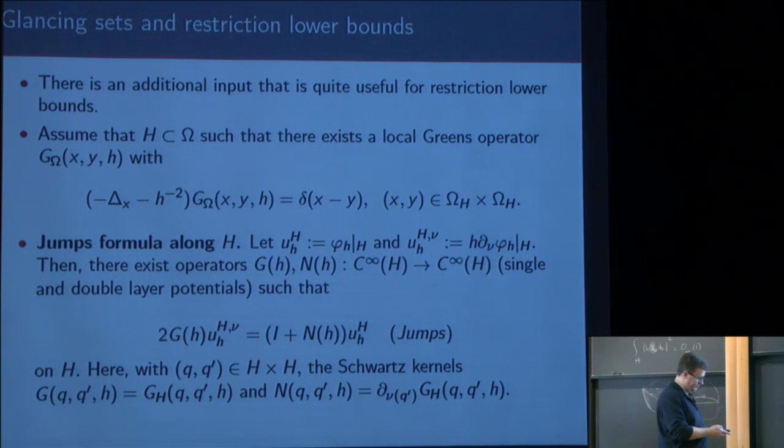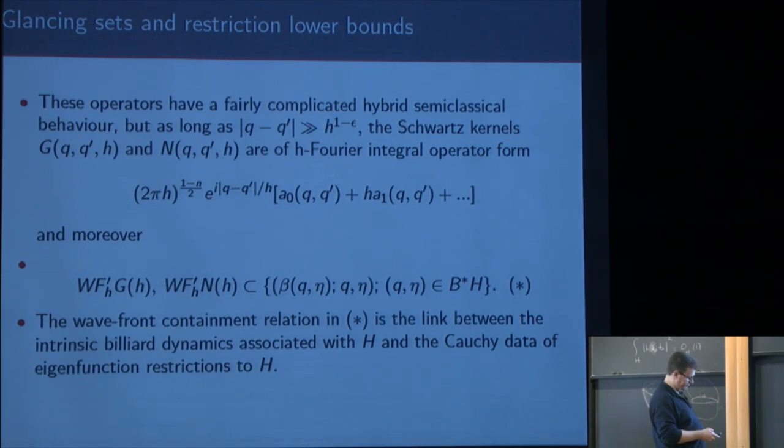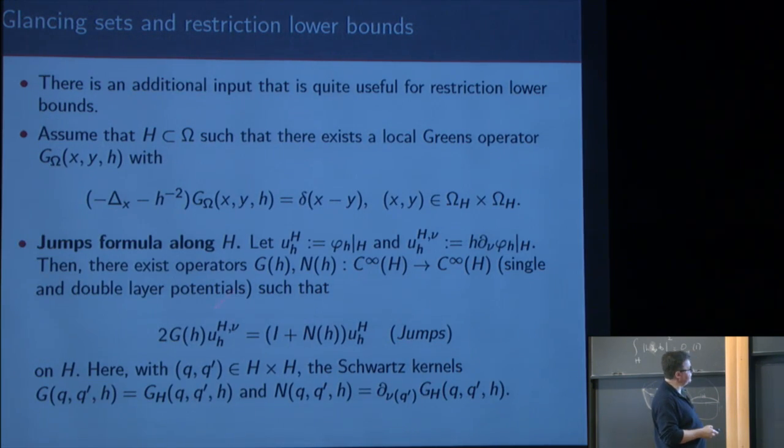It's just some kind of partial Green operator, so it's not everywhere, but on omega. So you can talk about the restricted operators along H, and that gives you an integral equation along H. These are integral operators that relate the restricted Dirichlet data to the restricted Neumann data.